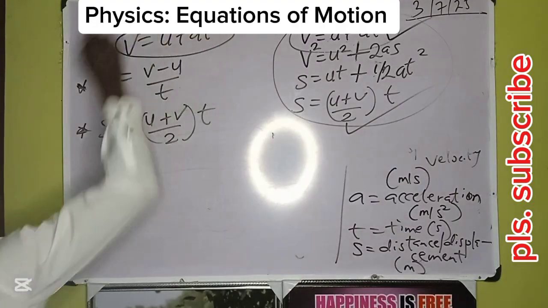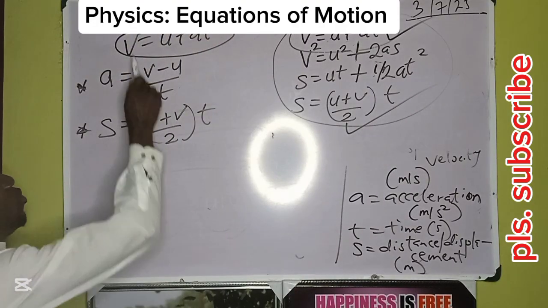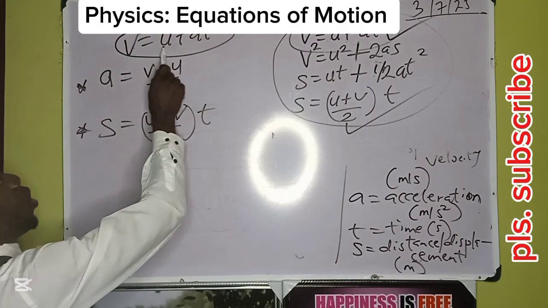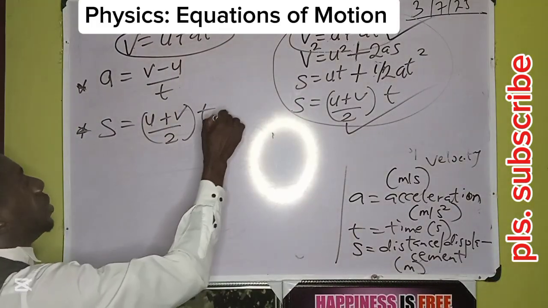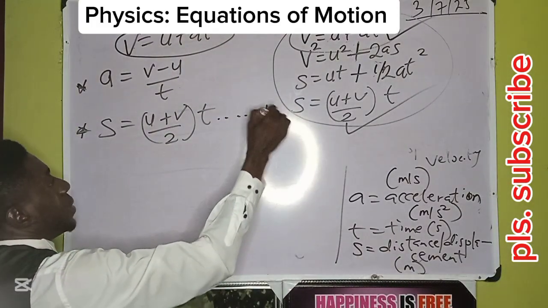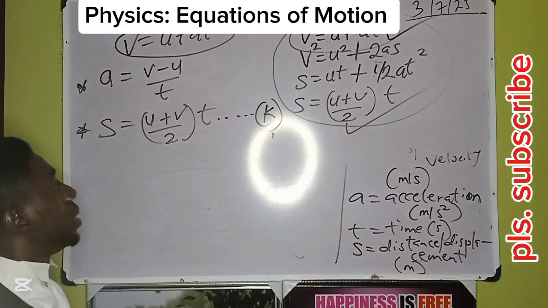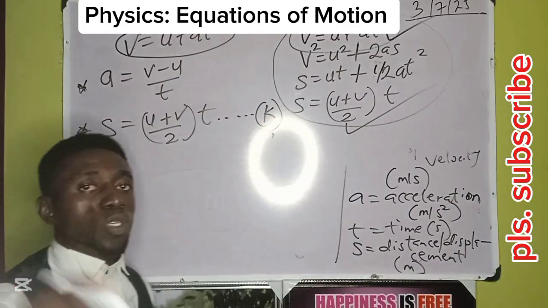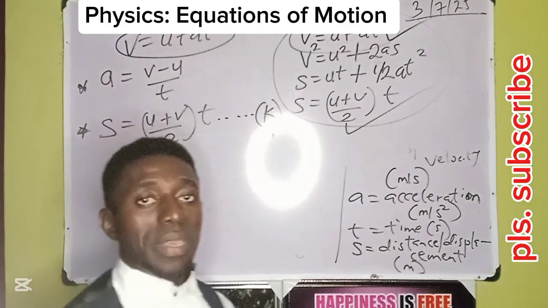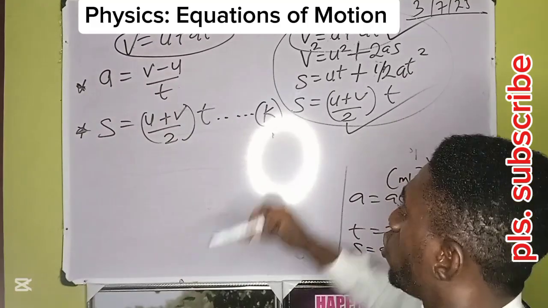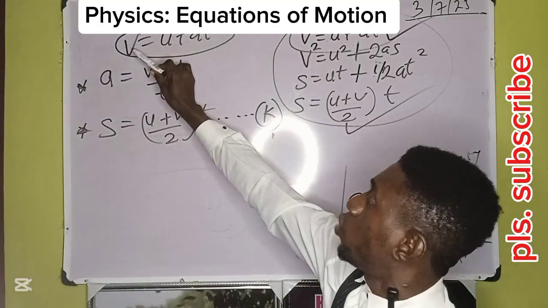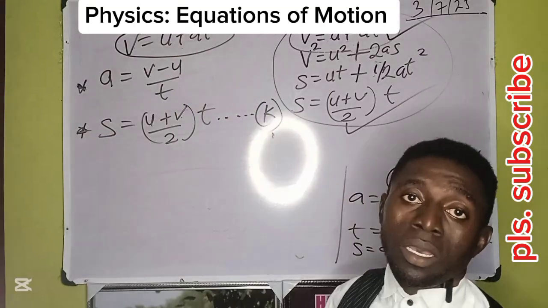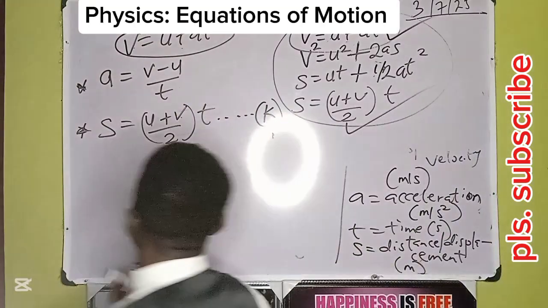Observe here. We've gotten v. V is equal to u plus at. We're proving that. So let me go to this equation, let me call it equation k. Let me go to equation k and substitute v. What does that mean? Anywhere I see v in equation k, I will substitute with u plus at.